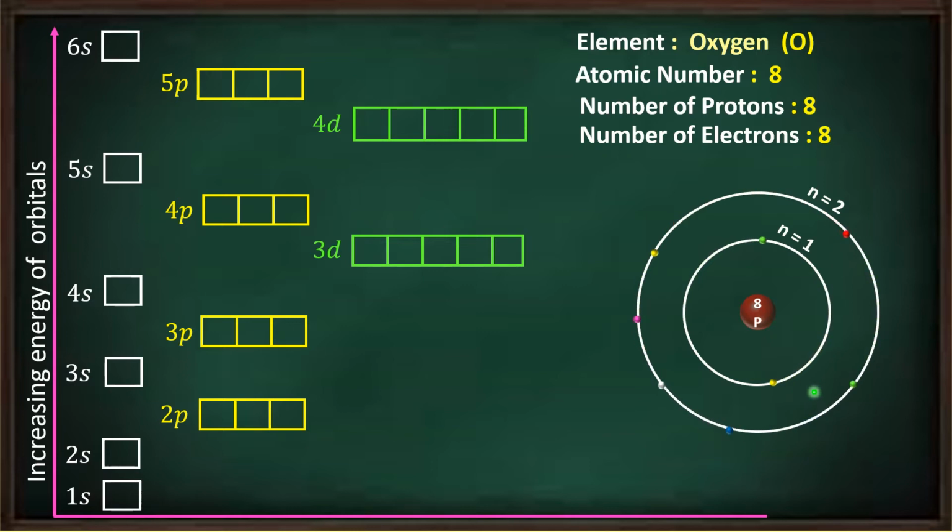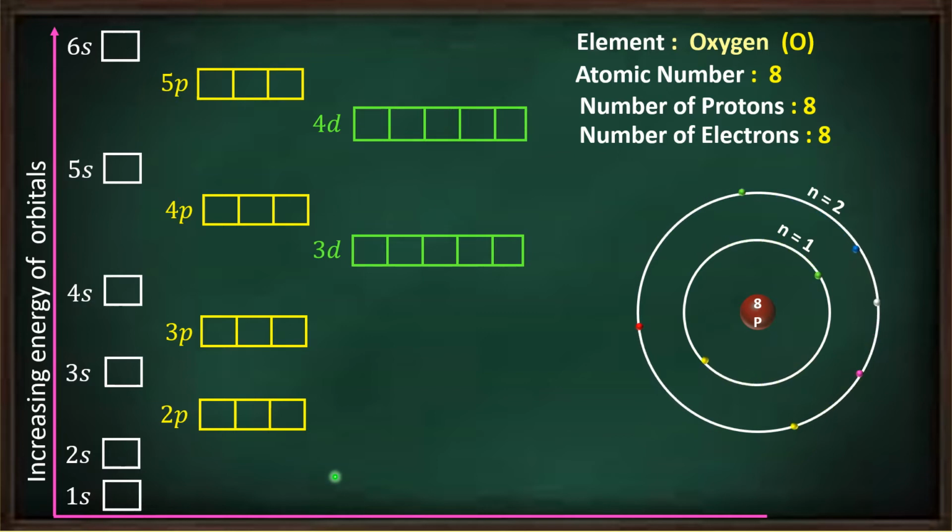So totally we have 8 electrons to distribute into the various orbitals. Okay, so 1s is filled completely, next 2s is filled, next 2p is filled, like this.